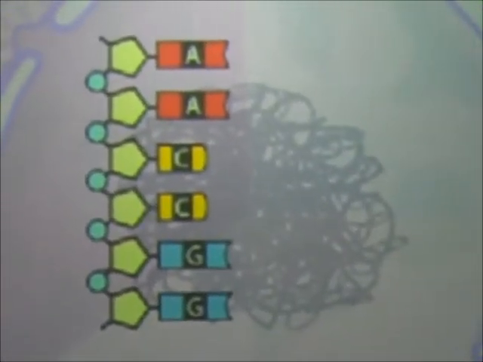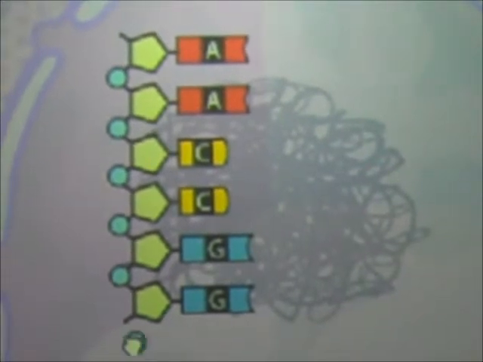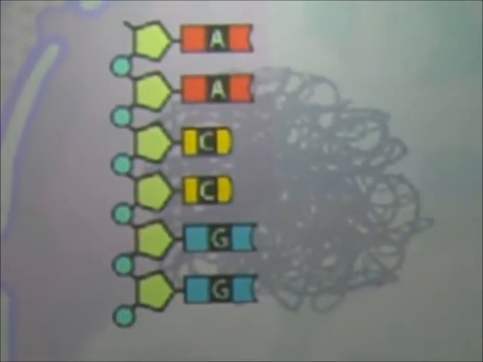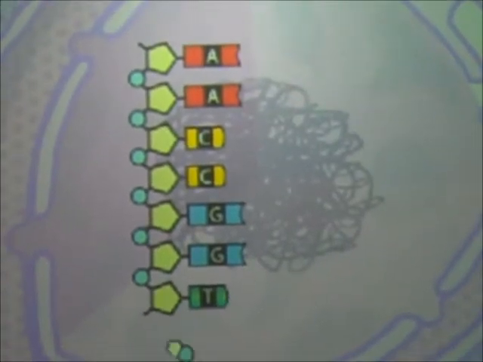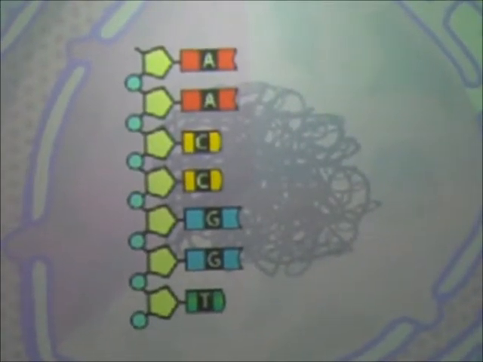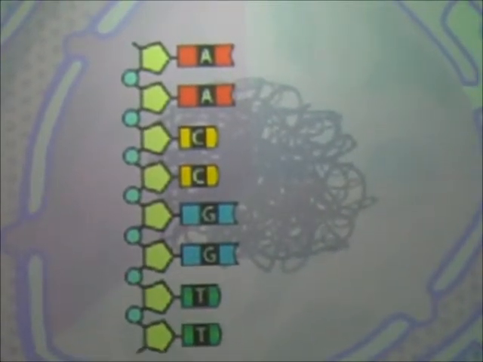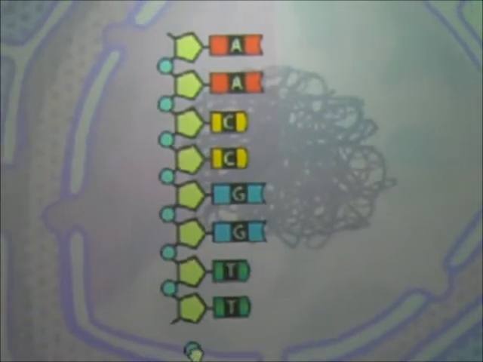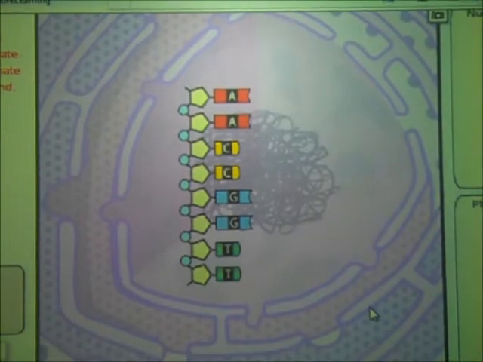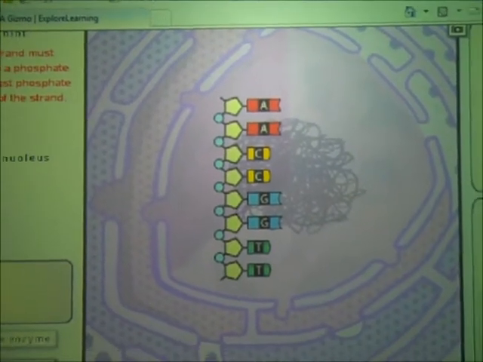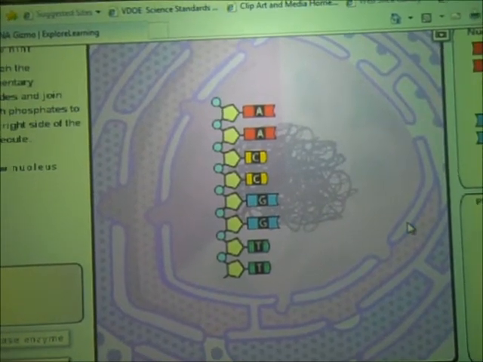So notice I have A, C, C, G, G, and I'm going to have T, T. That stands for adenine, adenine, cytosine, cytosine, guanine, guanine, and thymine, and thymine. And there we go. See, we've actually made an entire DNA molecule, one side of it. But how about that other side?